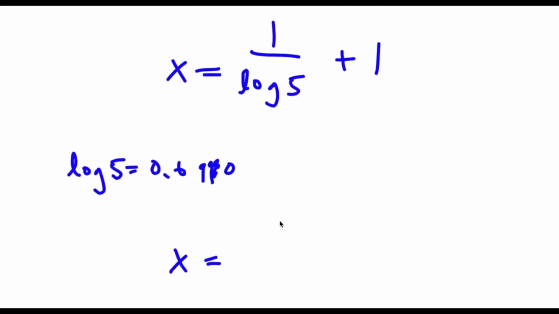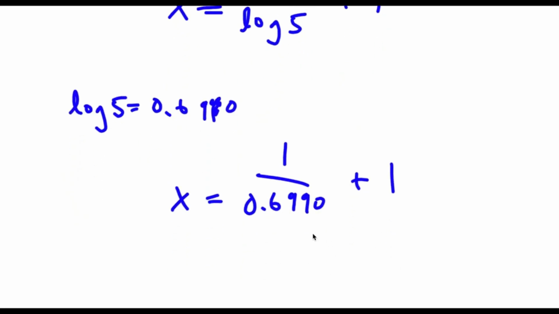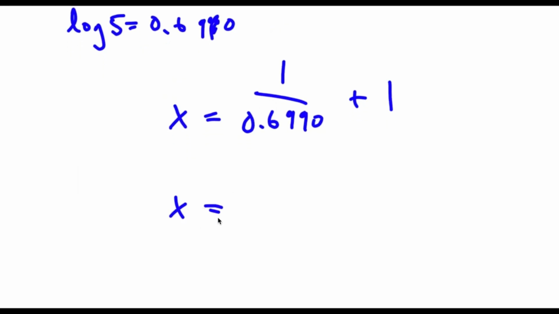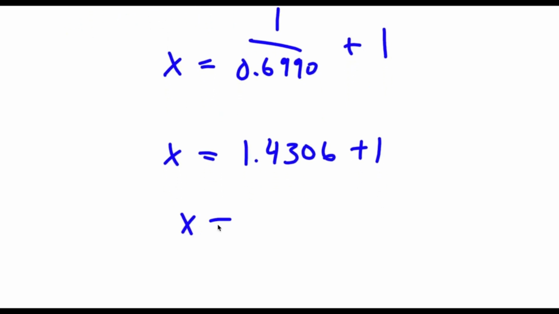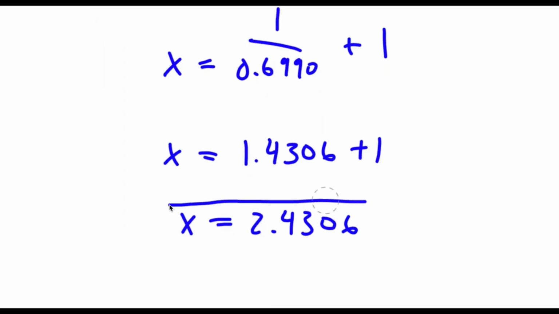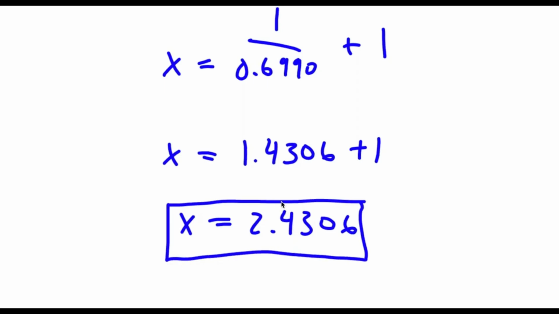So now I have x is equal to 1 over 0.6990 plus 1. Now 1 over 0.6990 is 1.4306 plus 1. This is equal to 2.4306. So that is our answer.